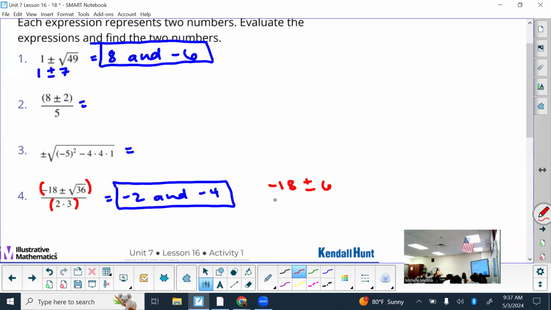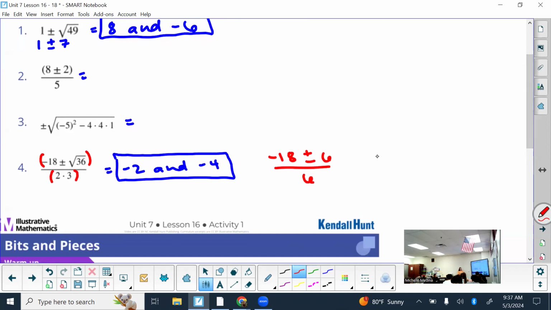And then I still need to keep simplifying that, but on the denominator with 2 times 3. And here is where it'd probably be a good place to stop and separate it into the 2 separate problems. Because of that plus or minus, we have -18 plus 6 over 6 and -18 minus 6 over 6.